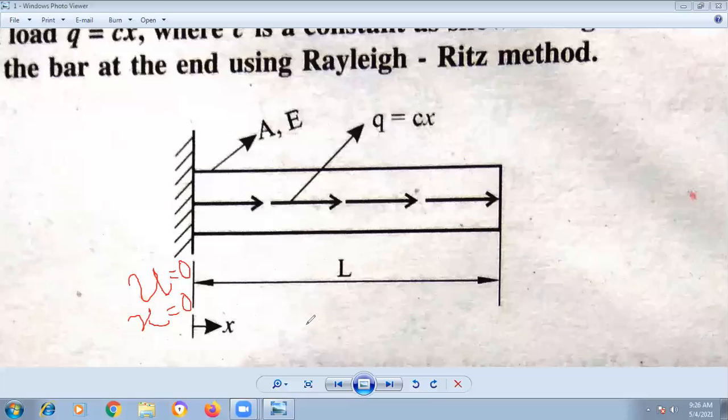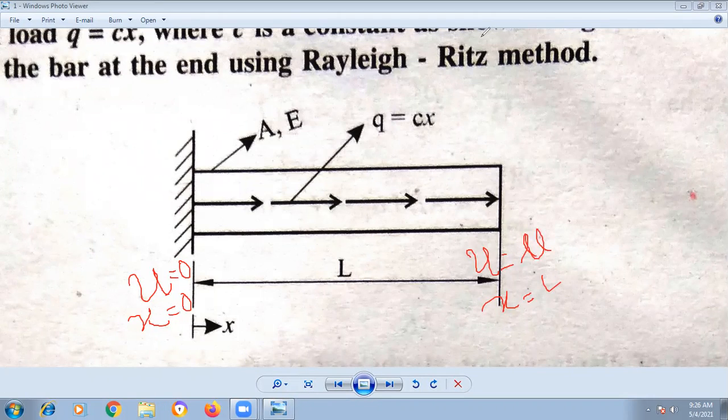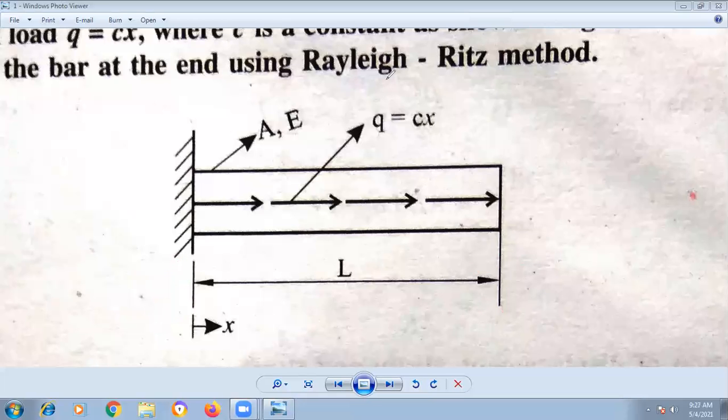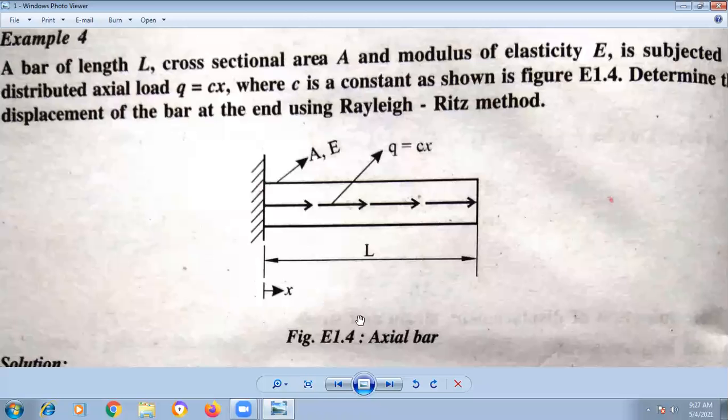The other condition is that the displacement u is maximum at x equal to L, whatever be the displacement u at the free end. So taking these two things into consideration, we will apply them in the formula.